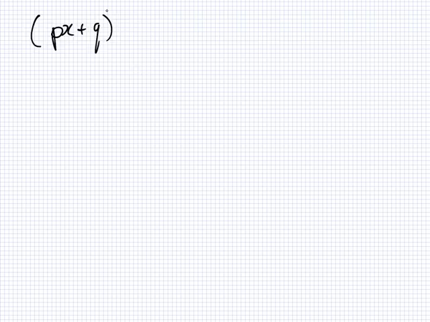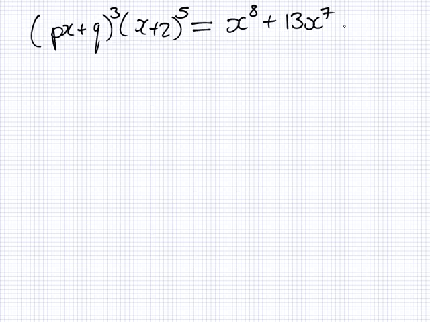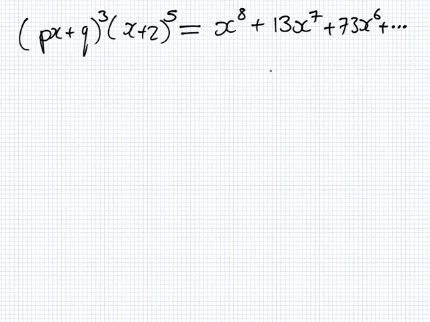Multiply bracket s plus 2, power 5, equals s power 8 plus 13 s power 7, plus 13 s power 5, plus 73 s power 6, plus blah blah blah. And we're looking for the P, and we're looking for the Q.